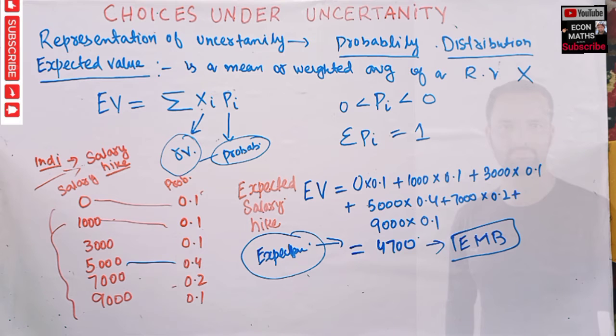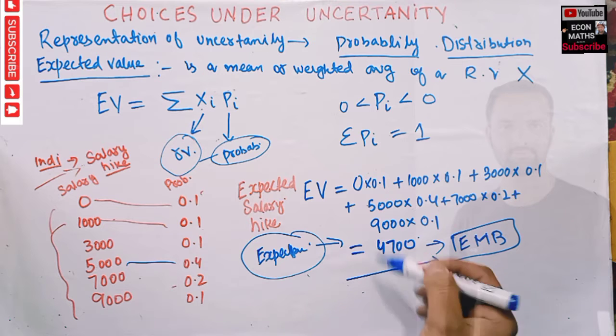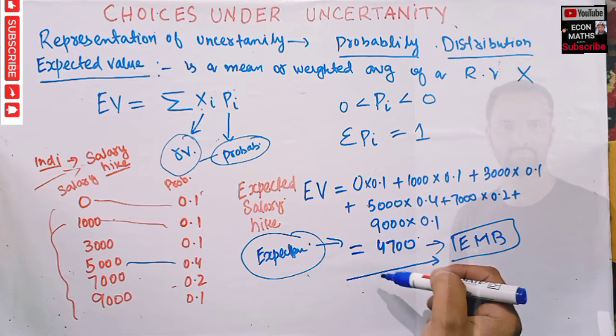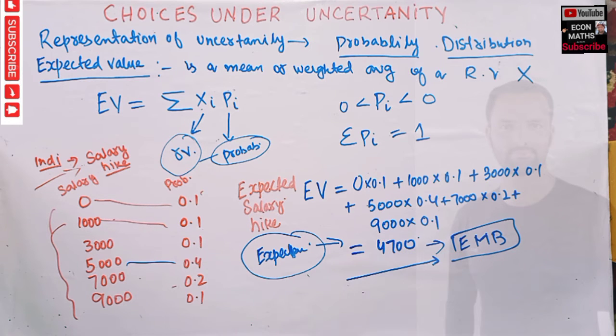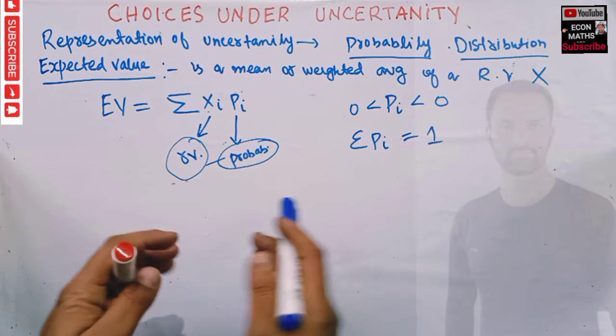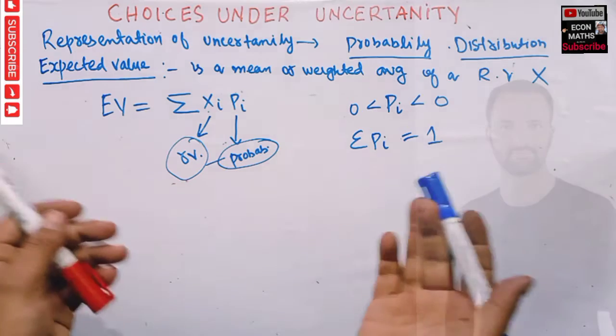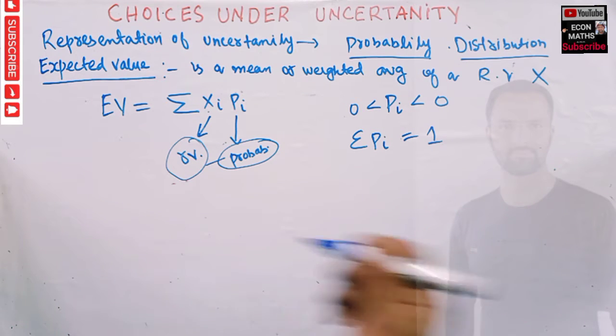Okay, now let's give an example whether the consumer is always trying to maximize his expected value, or he is trying to maximize his expected utility. Okay, so let's take another example. Consider an agent who is making a choice between two investment offers. So the consumer is being given two investment offers.